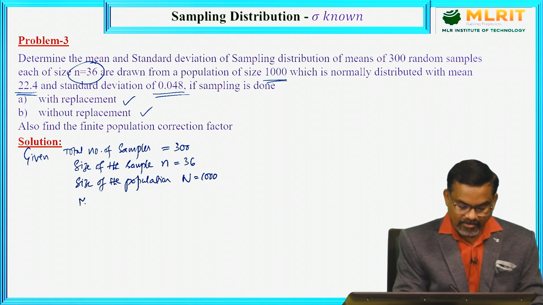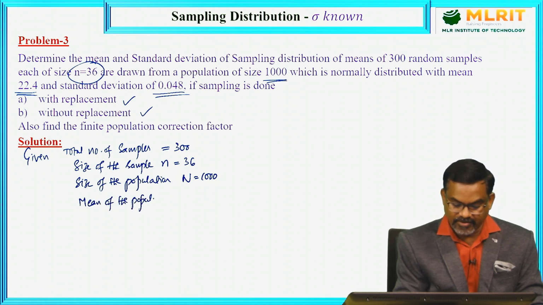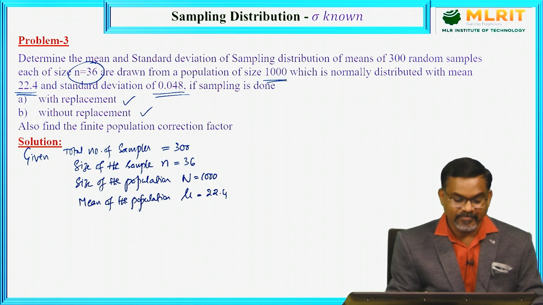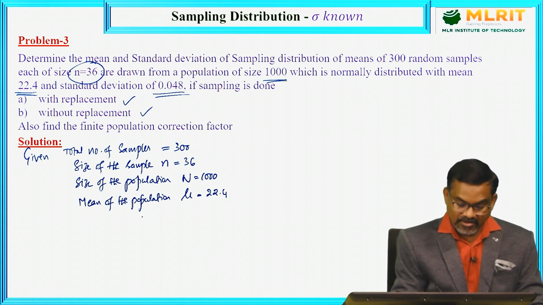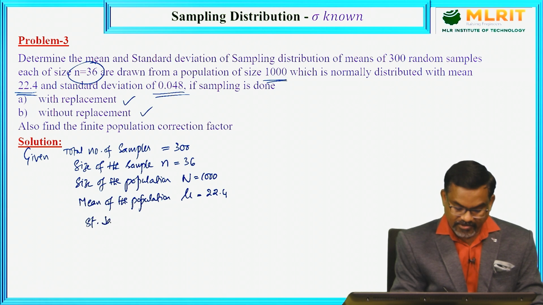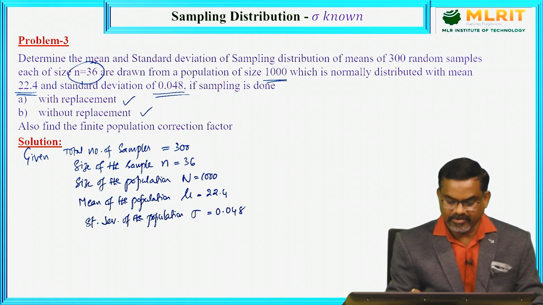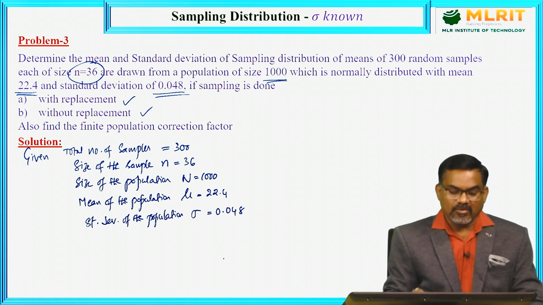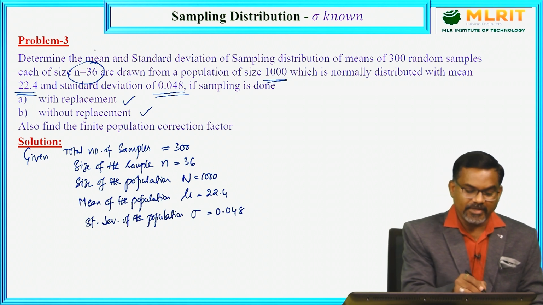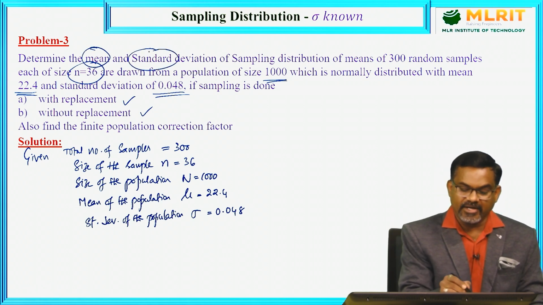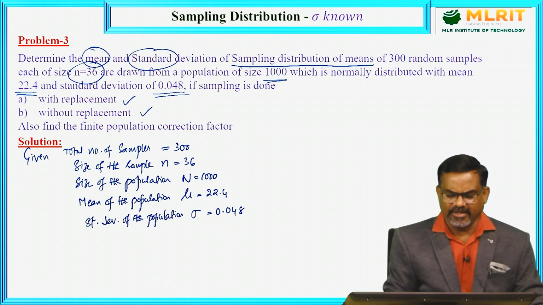So the mean of the population is also given in the problem, mu equal to 22.4, and the standard deviation of the population, sigma, is also given, 0.048. Now the question is to determine the mean and standard deviation of sampling distribution of means.